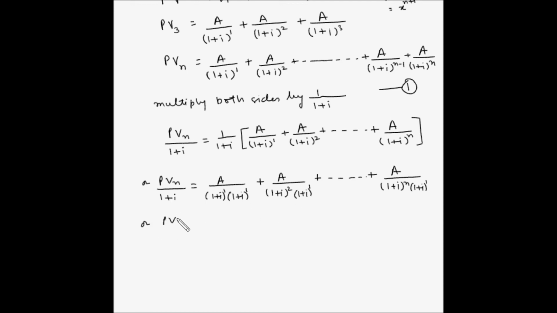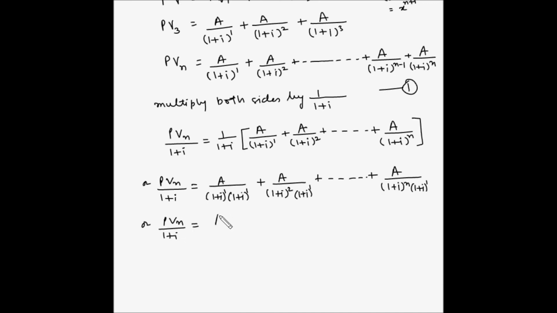So PVn divided by 1 plus I is equal to, the first term becomes A divided by 1 plus I to the power 1 plus 1, which is 2, plus A divided by 1 plus I to the power 2 plus 1, which is 3, and so on, plus A divided by 1 plus I to the power n plus 1.